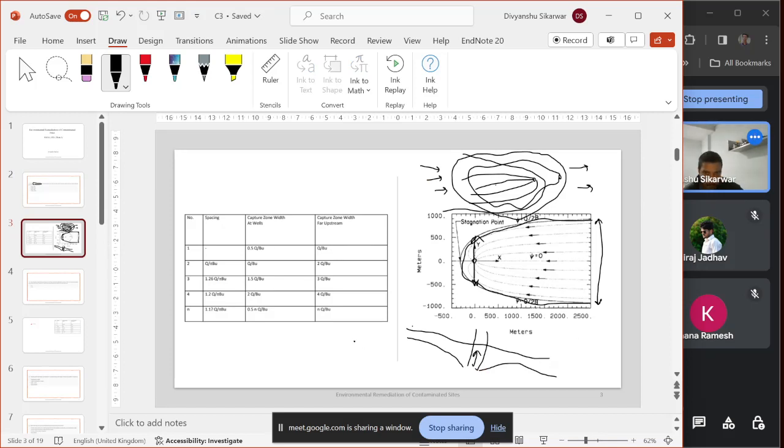If we put, for example, six wells, this type of figure will be there. The question is asking this width as well as the upstream width. So you have to calculate these two values. Now you understand the question.